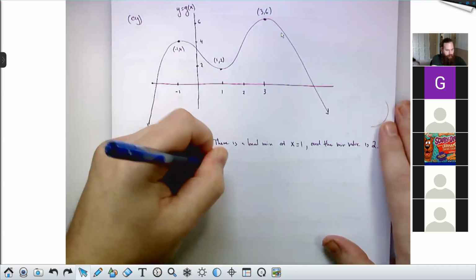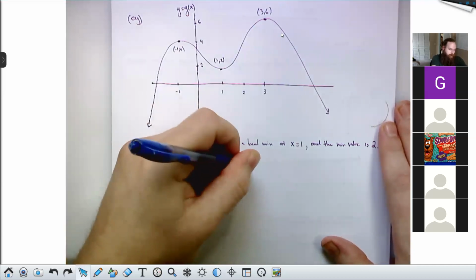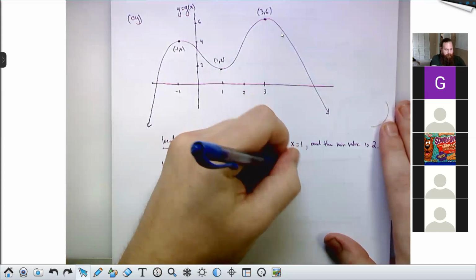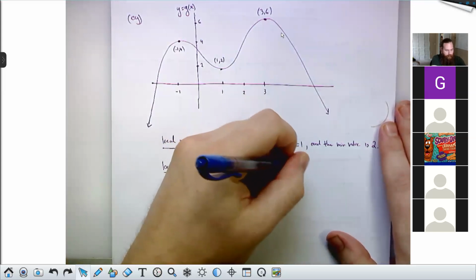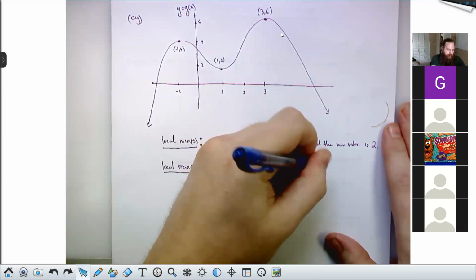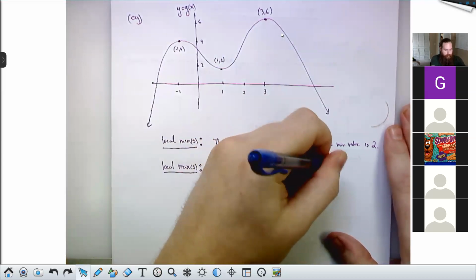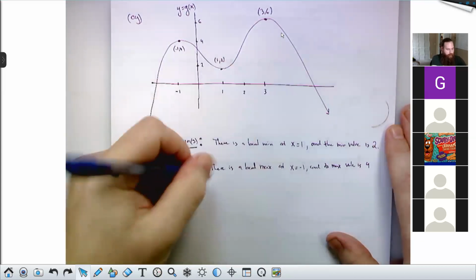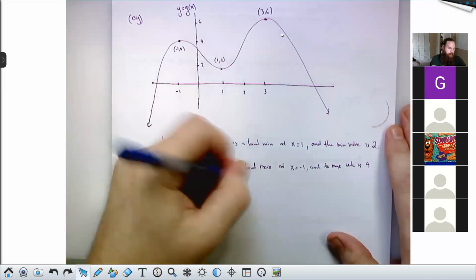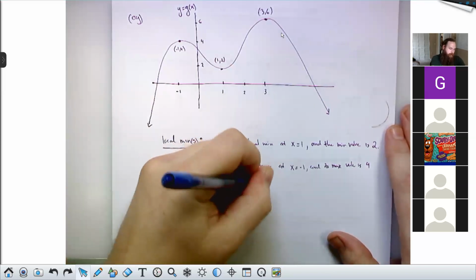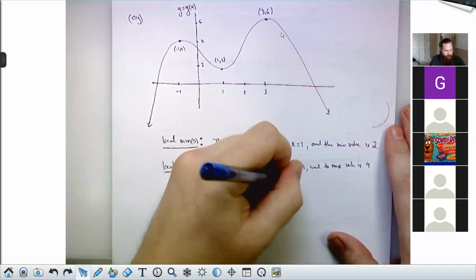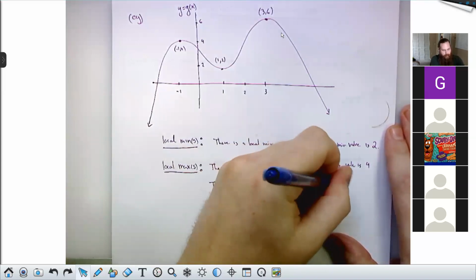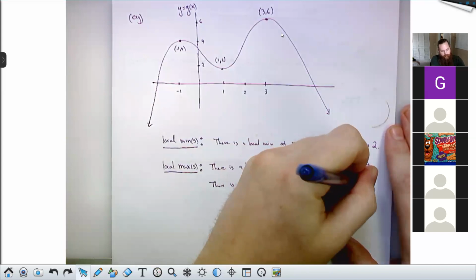So there is a local max at x equals -1. Yeah, that's correct, Lily. And its max value is 4. Also, there is a local max at x equals 3, and its max value is 6.